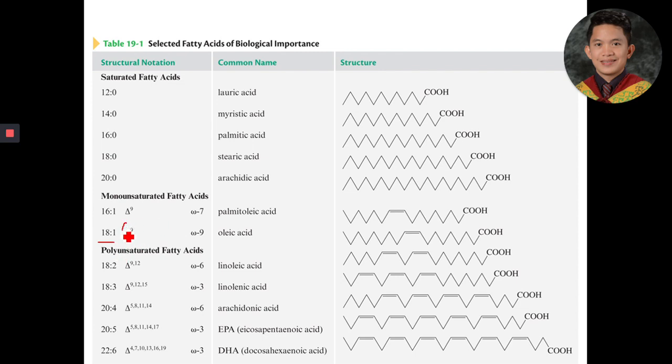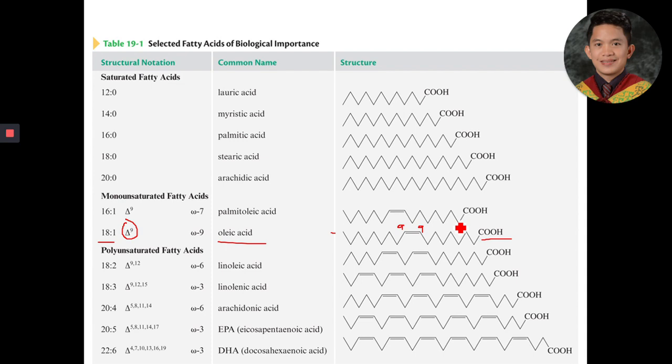So from the carboxyl end, the double bond is situated after the ninth carbon. Whereas for the omega notation, from the left side, the double bond is situated also after the ninth carbon. Now the common name for this fatty acid is oleic acid.